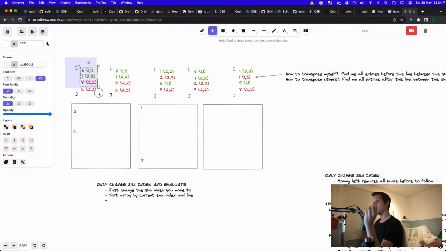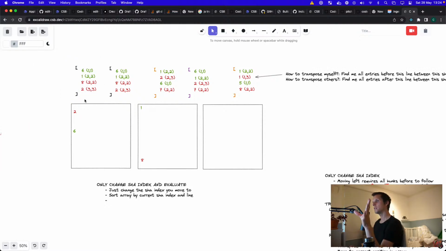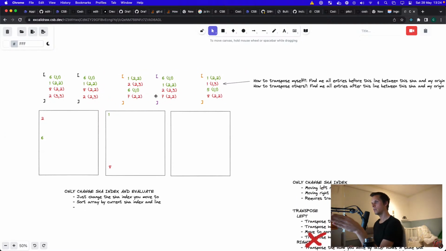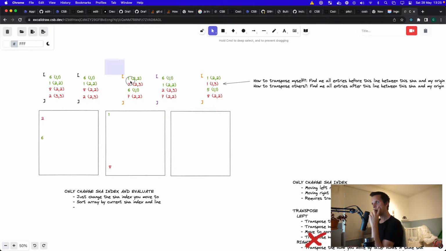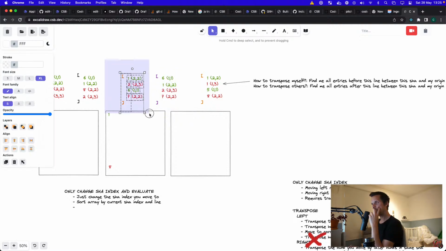We have this array with the original contents. Every time we move something, we just go in, we change its SHA. And then maybe we don't even need this intermediate thing. Maybe we don't even have to sort it.